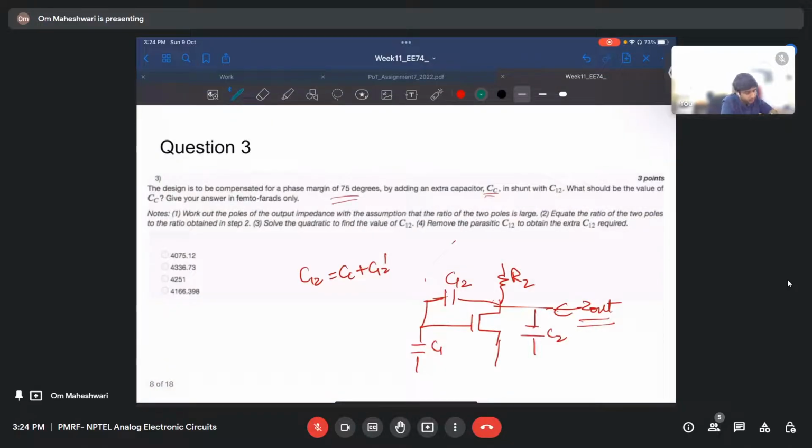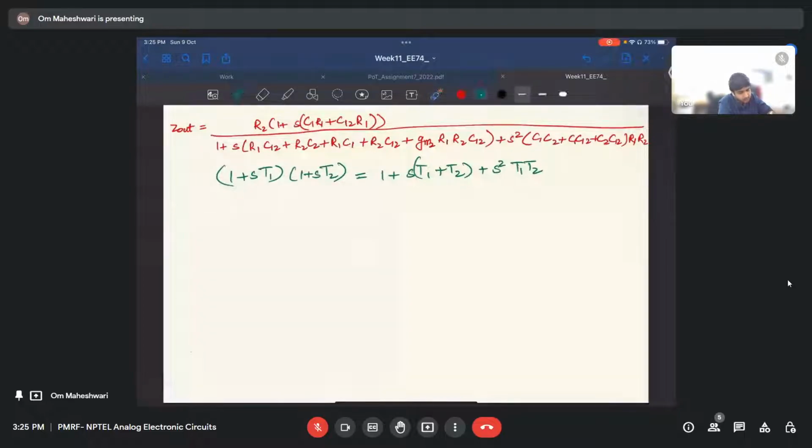And what they are saying is, the assumption is the ratio of the two poles is large. So that means one of the poles is larger. Let's say W2 is much greater than W1. So what is W2? Simply 1 by T2 is much greater than 1 by T1. This will give me T1 is much greater than T2, right?